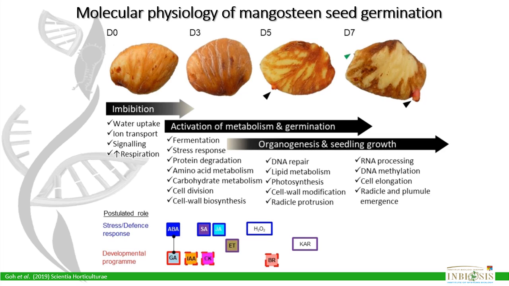As a whole, the transcriptomic profile allows us to have a detailed understanding of the molecular physiology of mangosteen seed germination by understanding what happened at different time points, and we can have a better understanding to help with the propagation of mangosteen.